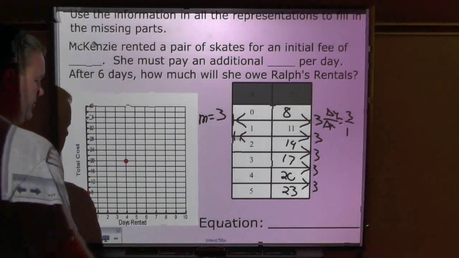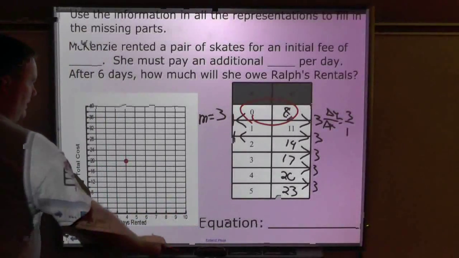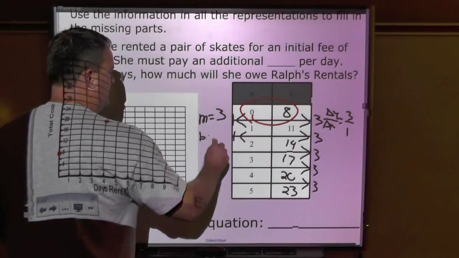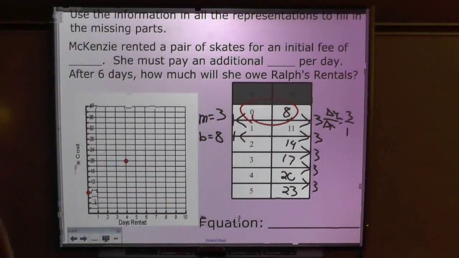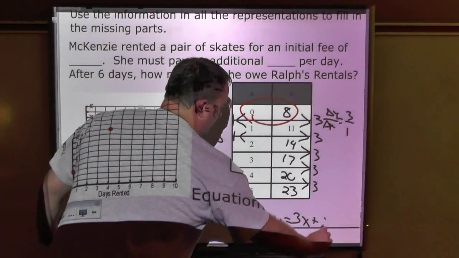You should be able to find your initial value. Your initial value, again, is where the domain is 0. So the dependent variable, in this case 8, is your initial value, your constant, b. So the equation is y equals 3x plus 8.